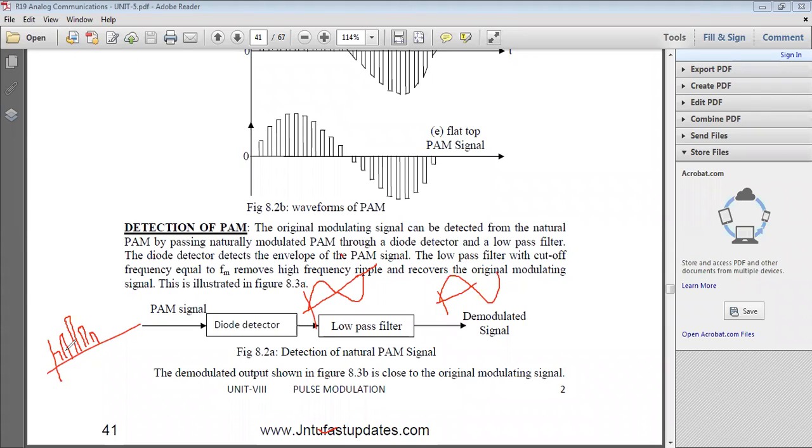So this is the detection of PAM signal. Now coming to the bandwidth requirement for PAM.